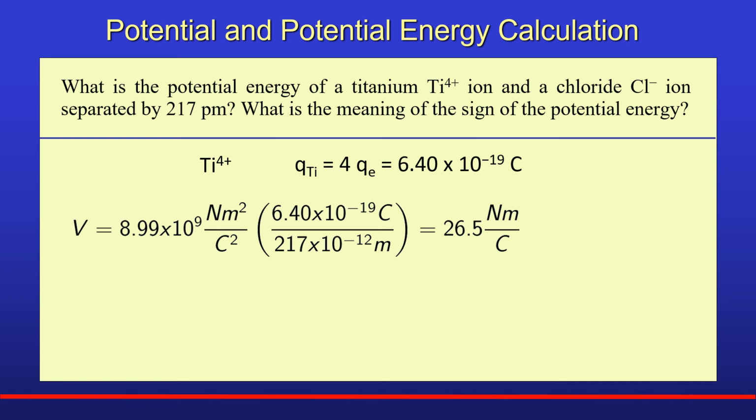Pico stands for 10 to the minus 12. It's simply an abbreviation for 10 to the minus 12. We have to convert to the correct unit, which is meter, so we put in the power of 10.